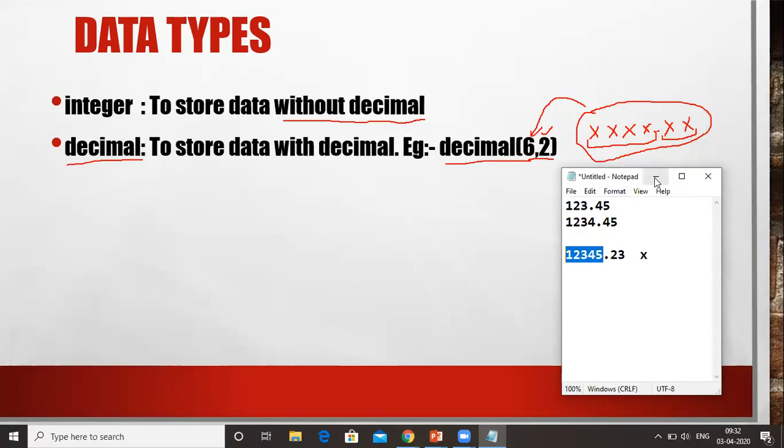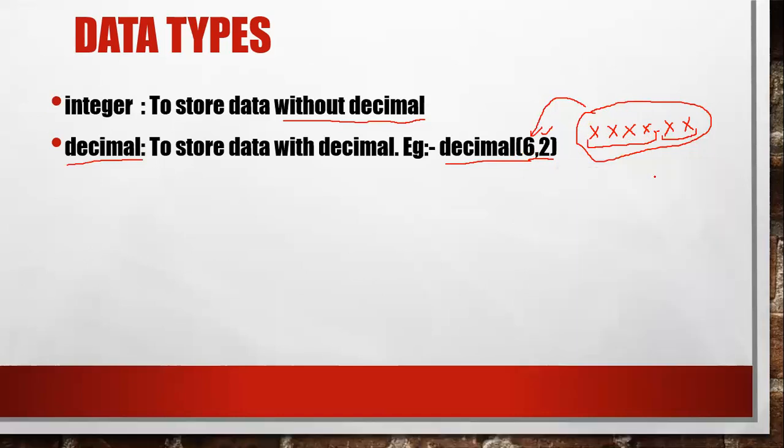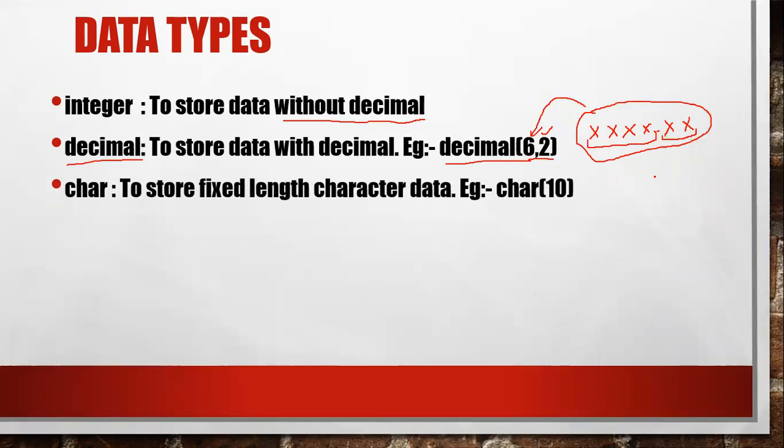So let's move on to some other data types. The third one is CHAR. CHAR is used to store fixed length characters. How are we going to write it? We write CHAR, and within the brackets we write the size, that is, the maximum number of elements that can be stored in that field.